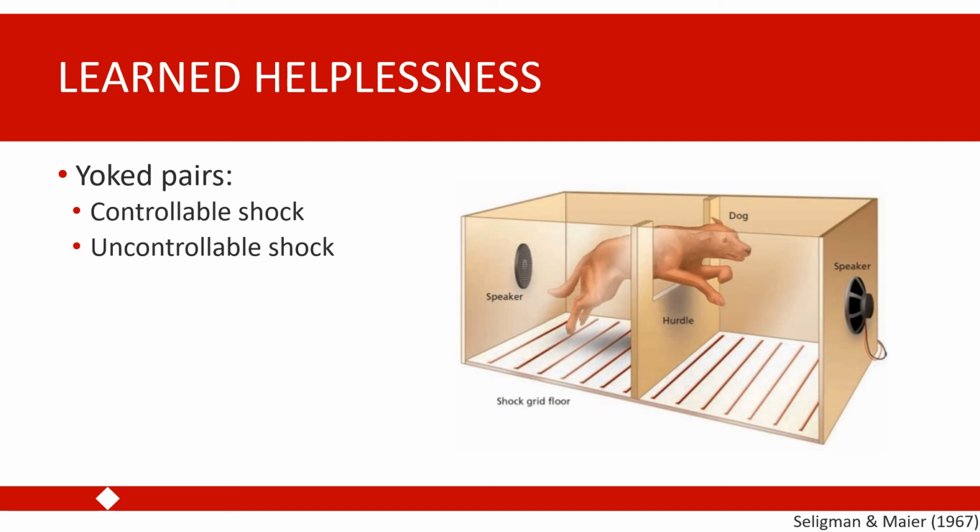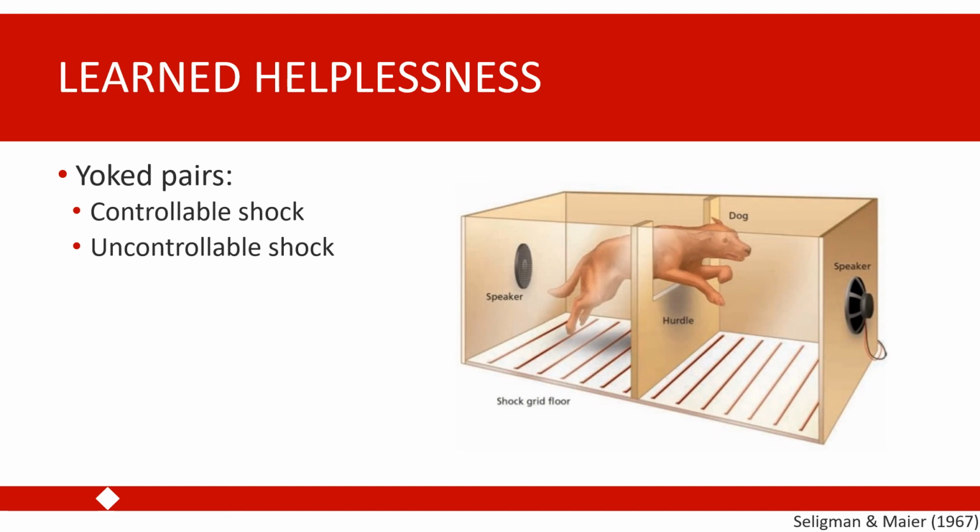They are sitting in the corner of the chamber. They appear withdrawn. Despite the fact that in this second half of the study it would be possible for these dogs to engage in behavior that would decrease the presence of this aversive stimulus, they do not exhibit that behavior because of that previous experience of the uncontrollable shock.